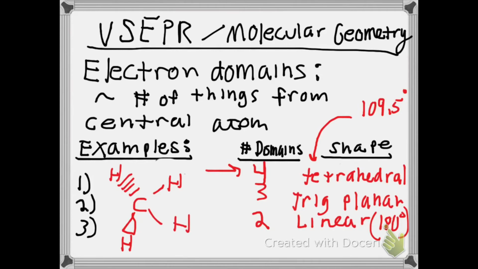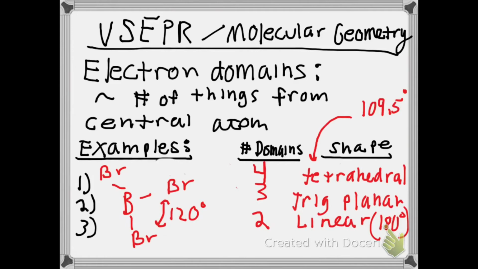So it's important to note that this angle between these 2 is 109.5 degrees. Now for our trigonal planar molecule that we had previously, it's important to note that the angles are 120 degrees, and this is because they all have to add up to 360, and they are planar. So it's just an important thing to note.